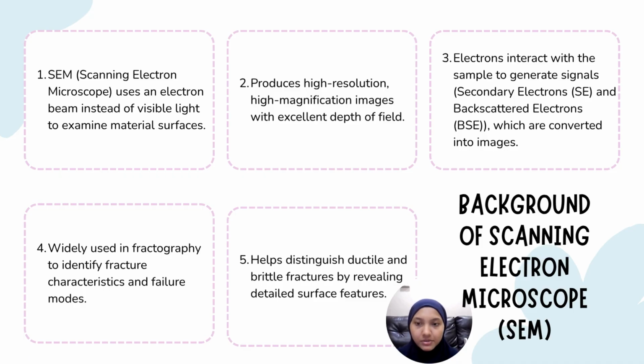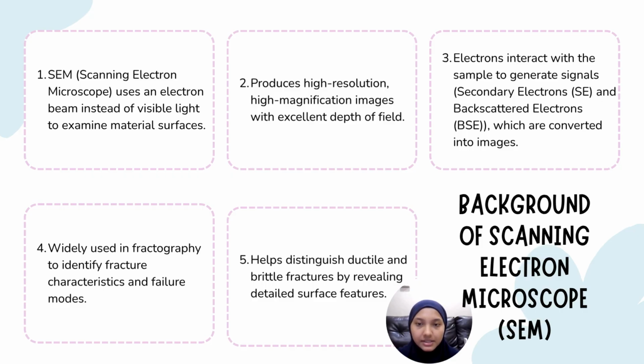Scanning Electron Microscope or SEM is an instrument used to observe the surface of materials at very high magnification by using an electron beam instead of visible light, as in an optical microscope. Because electrons have a much shorter wavelength than light, SEM produces clearer, more detailed, and higher resolution images.